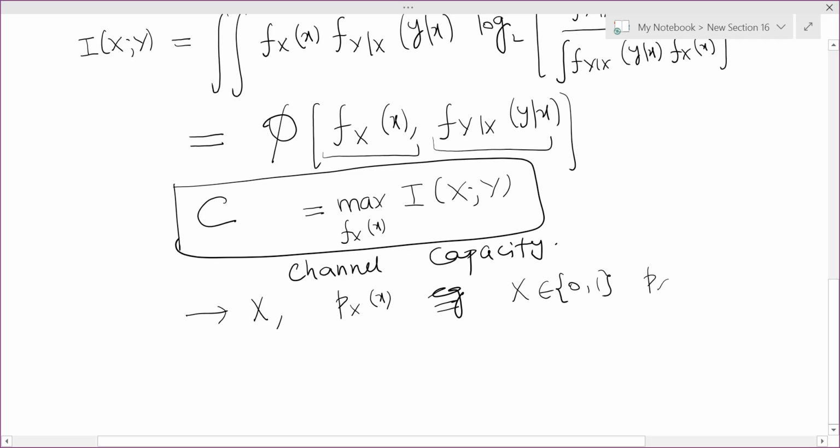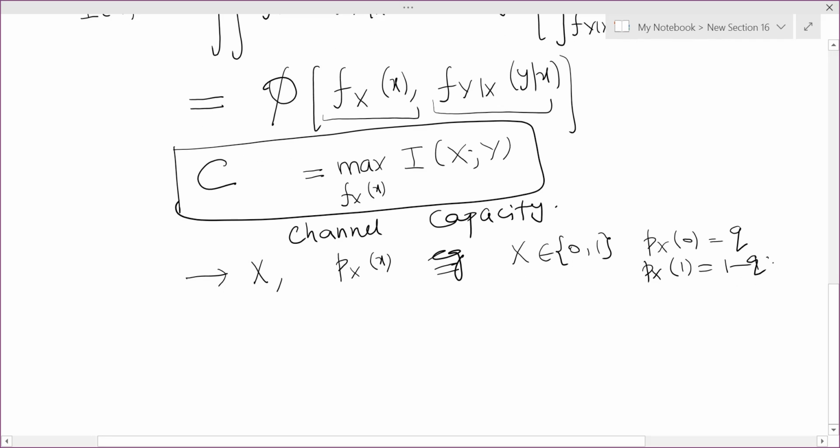Someone may tell you that the probability of 0 is q, and the probability of 1 is definitely 1 minus q. So this q will be in your control. You can tune how many zeros or how many ones will come out of a source.